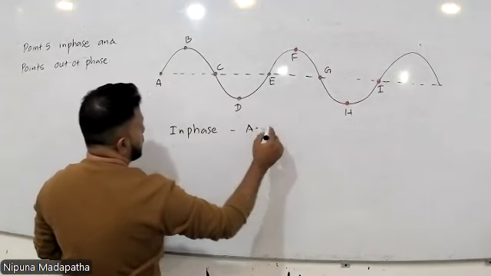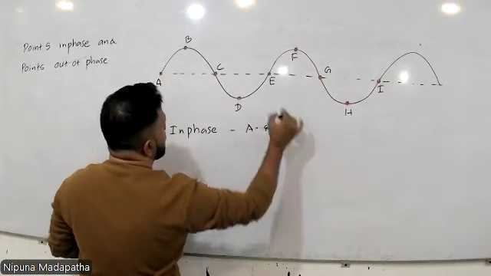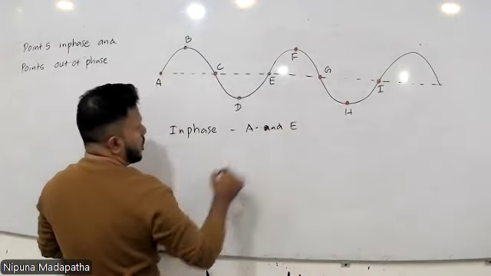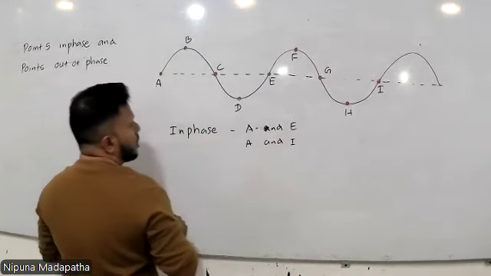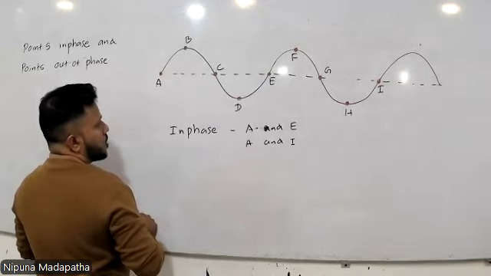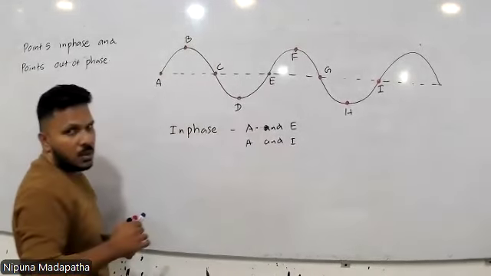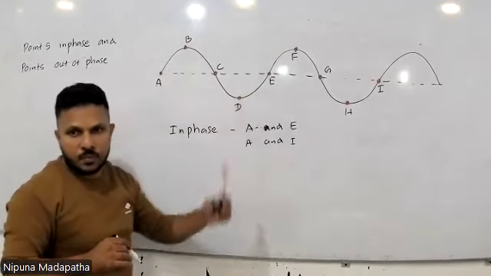B and F, these two points, the phase difference is 2 pi.